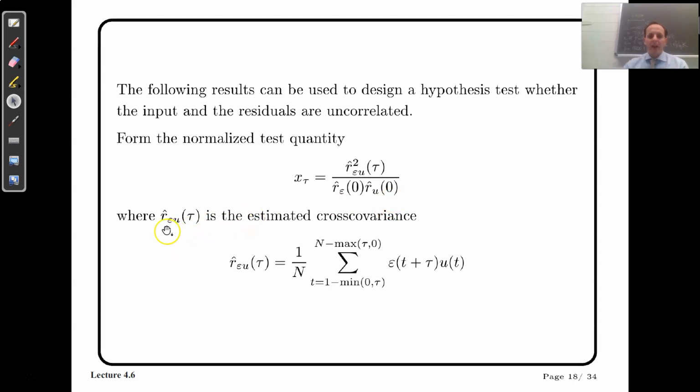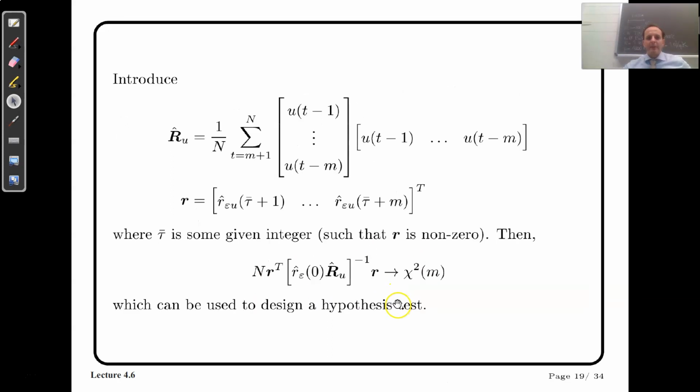And of course, small r epsilon u of tau is the estimated cross covariance for a number of delays, which is provided by this expression.